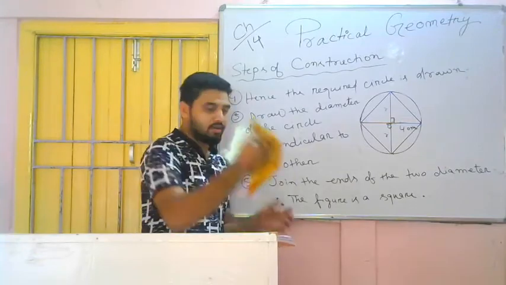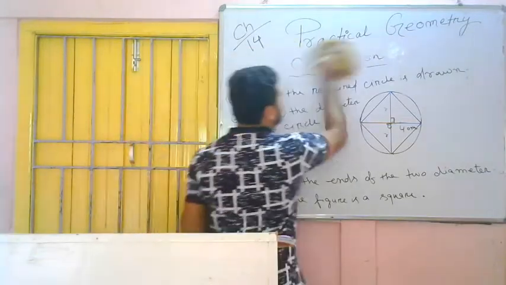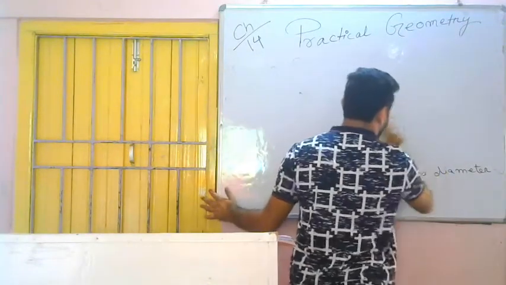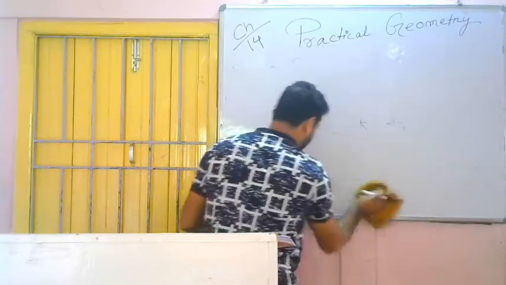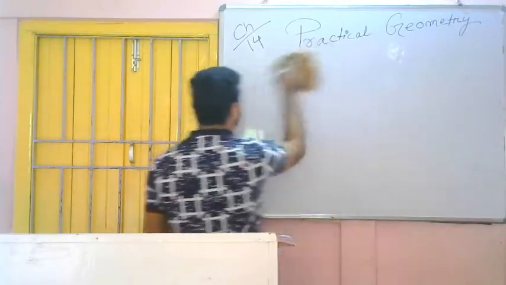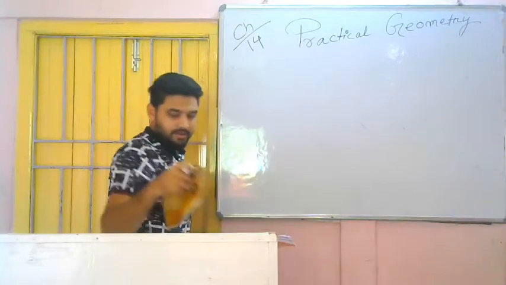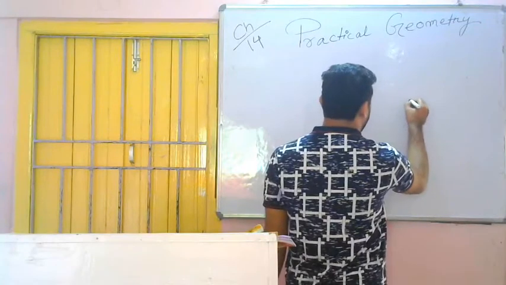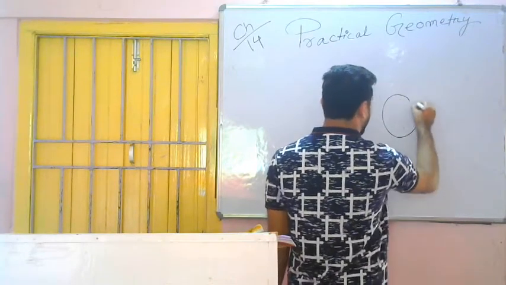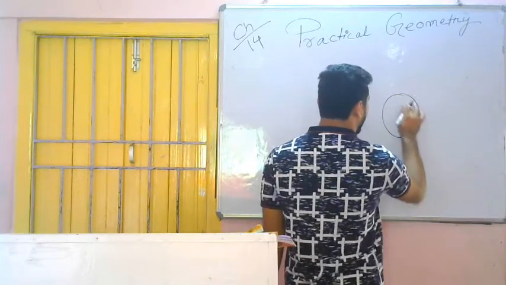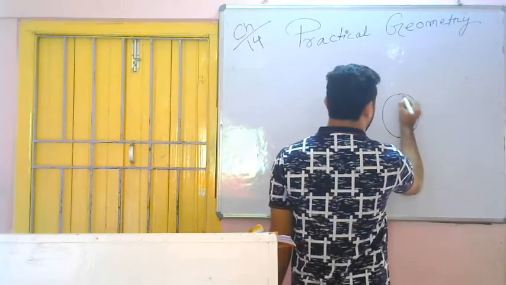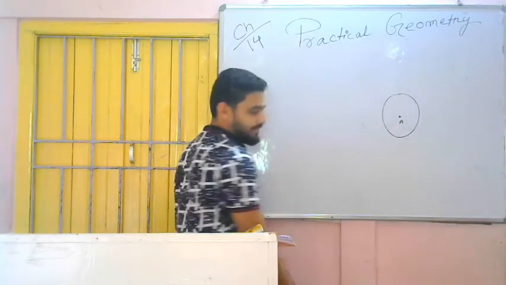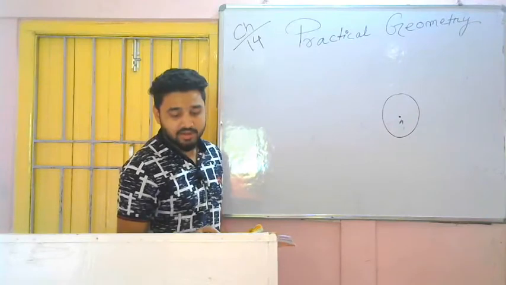That means, you see, first you have to draw a circle, okay? With center A. Again, draw two circles of equal radii.